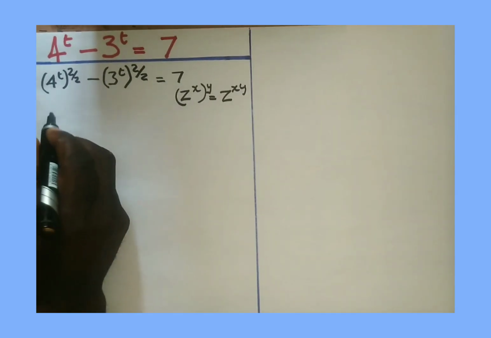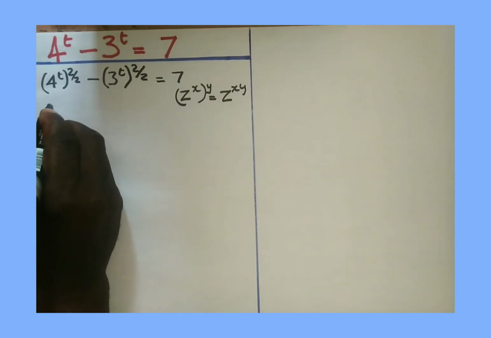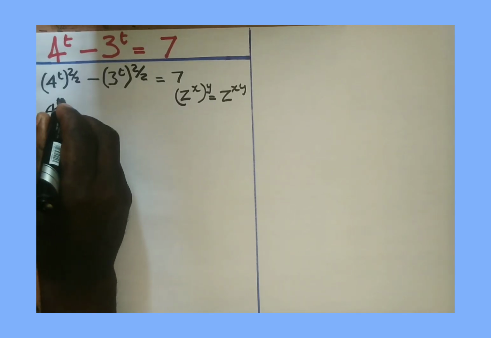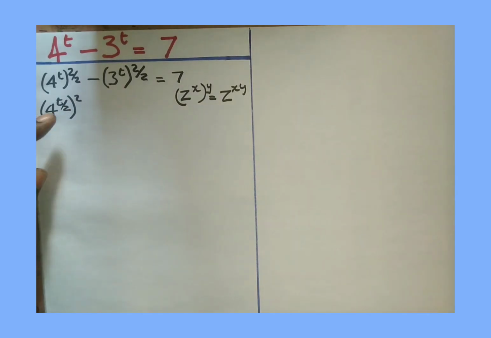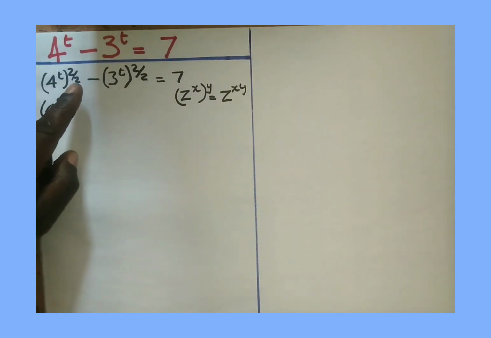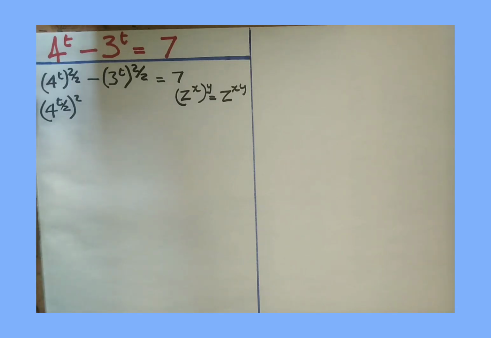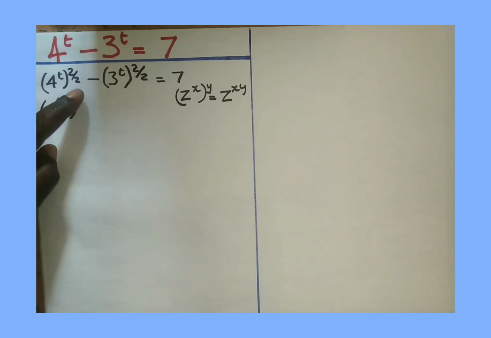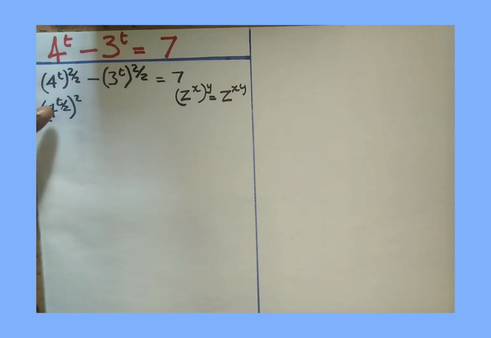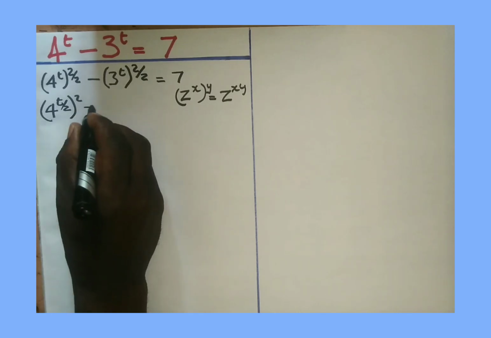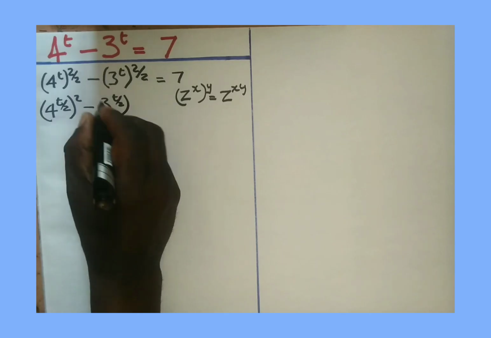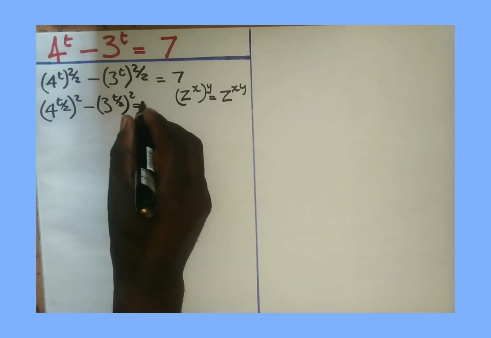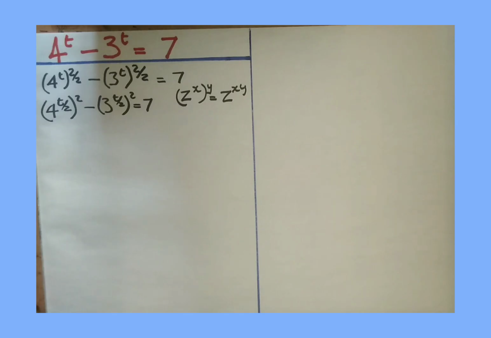So in like manner, we can write this as 4 to the power t over 2 raised to the power 2. What I've done here is to bring the 2 at the bottom inside the brackets, because remember this is 2 over 2, so the 2 below, I've taken it inside. It becomes t over 2. I can do the same here. That becomes 3 to the power t over 2 raised to the power 2 is equal to 7 as before.